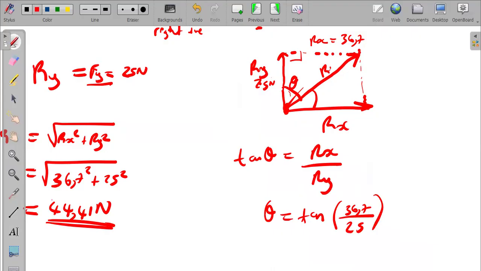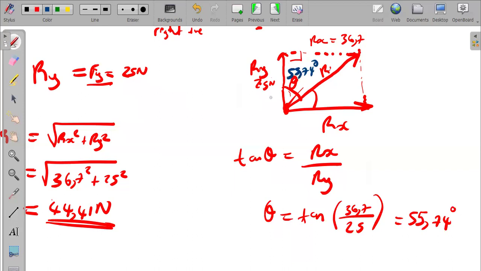So arctan of 36.7 over 25 gives us 55.74 degrees.